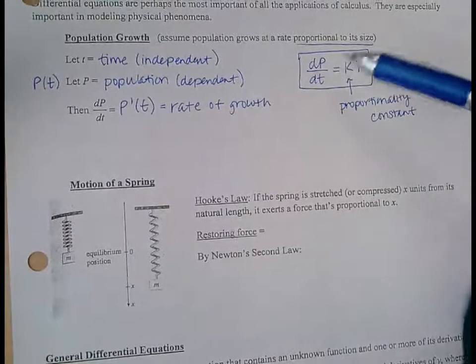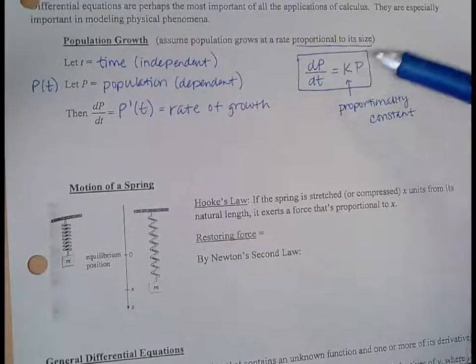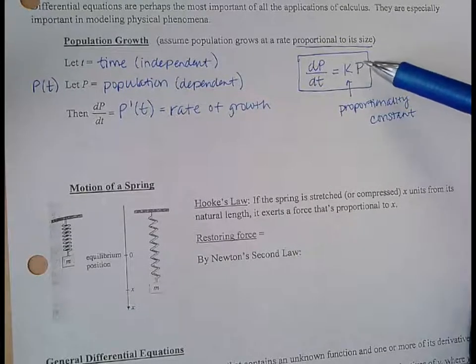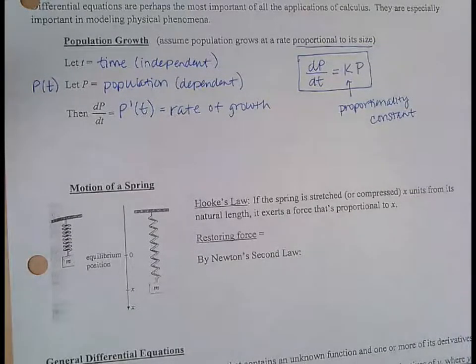So since this is saying the first derivative is equal to a constant times the original function, can anyone think of a function where its derivative would be proportional to itself? Okay, e to the x, because the derivative of e to the x.